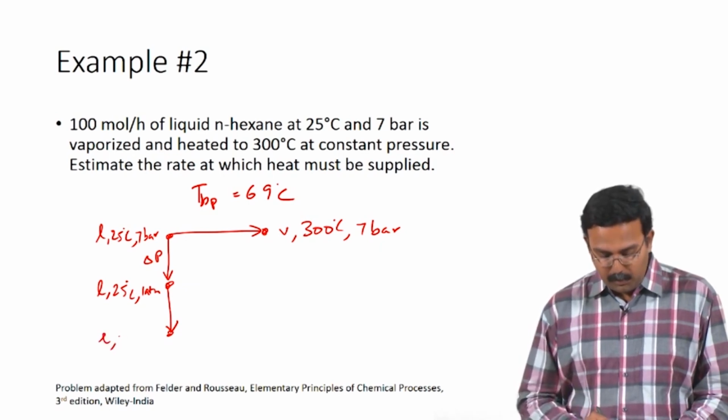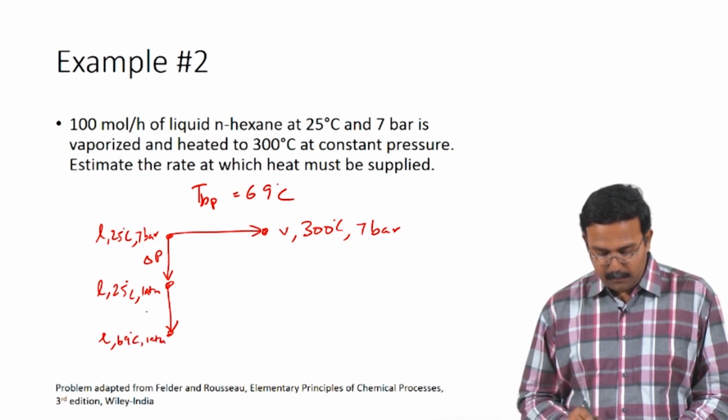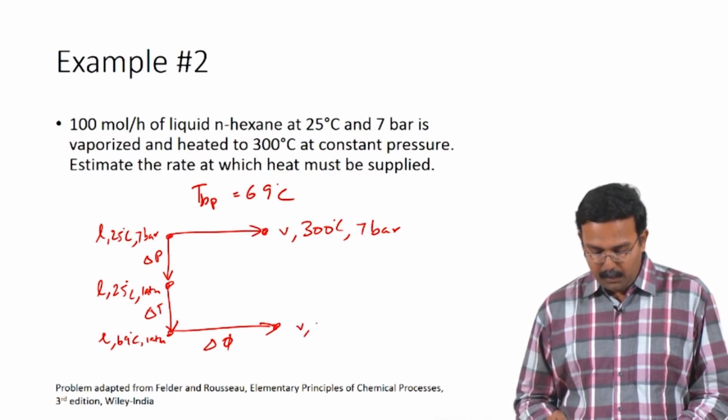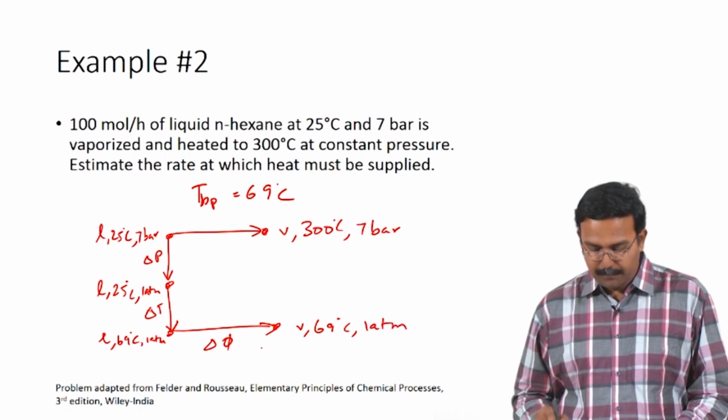So, it goes to liquid at 69 degrees Celsius and 1 atmosphere. So, here only temperature is changing, and the next step is where the phase is changing. So, it goes to vapor at 69 degrees Celsius and 1 atmosphere.